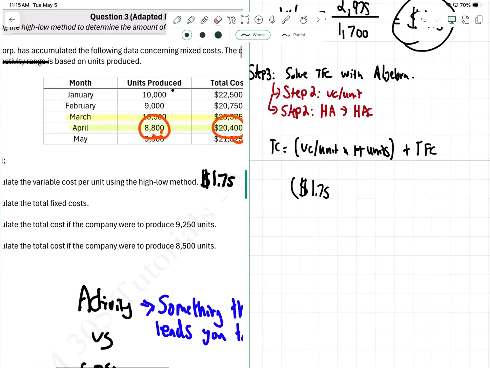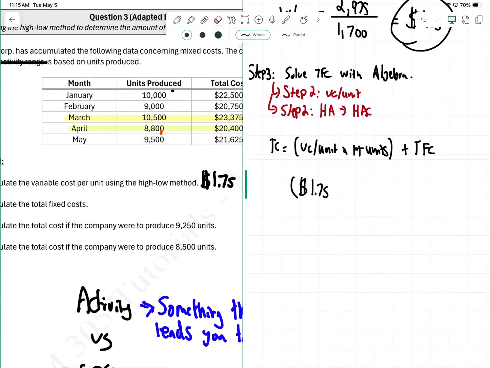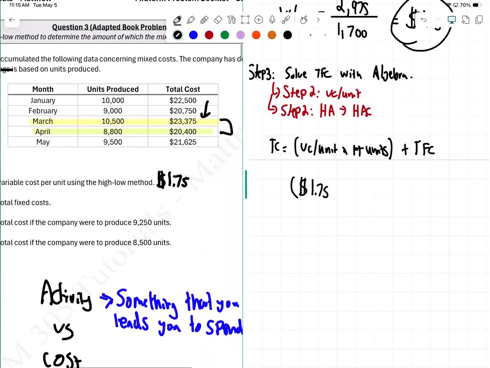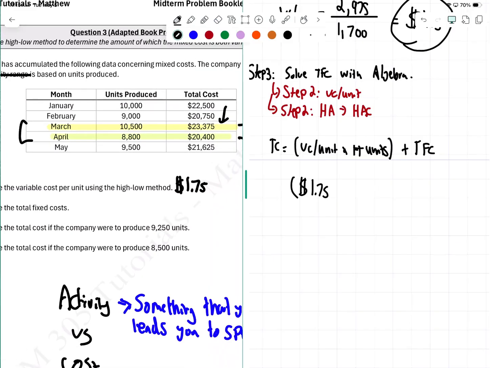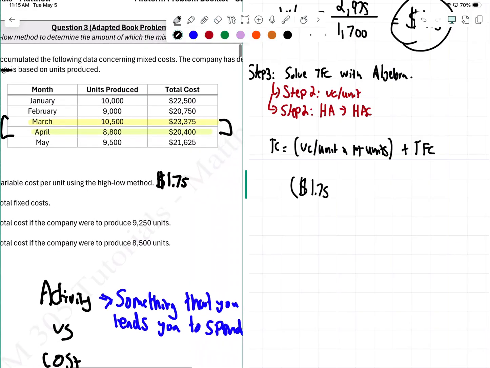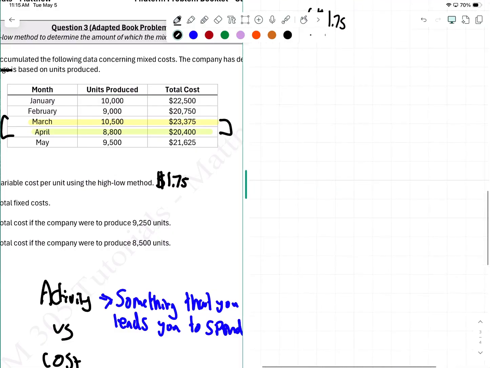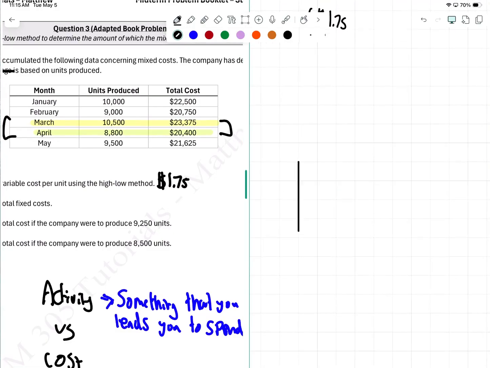Now, you always pick the highest activity cost. Or technically, I don't want to waste your time too much in this video, but when you solve for the fixed cost, you basically have to use one of these numbers that you used for the high-low method variable cost per unit equation. Because basically what you're doing with the high-low method, just to explain on a very high level, sorry if I'm going on tangents now.